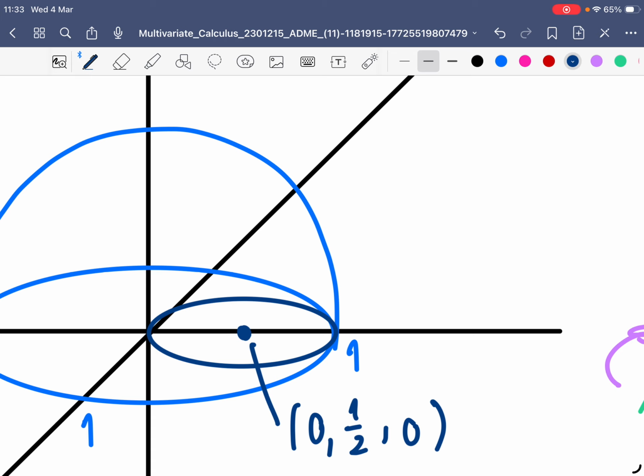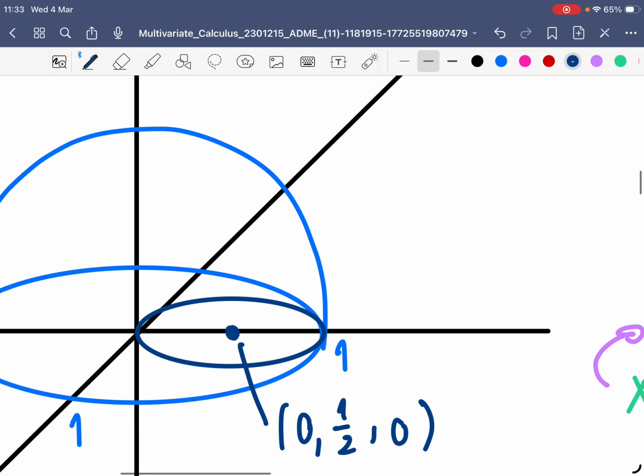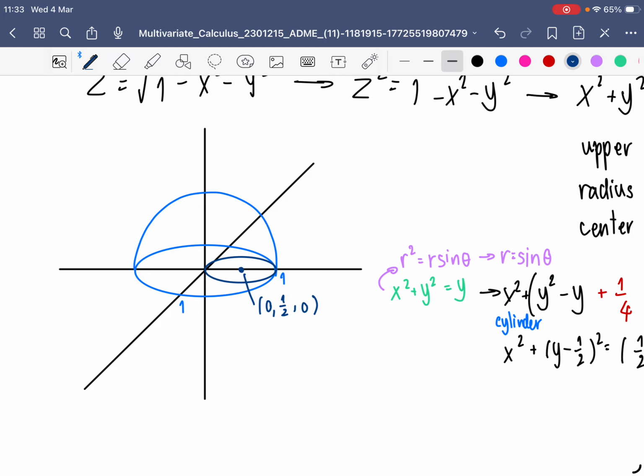And because it's a cylinder, it goes up and down forever. So your solid that you are considering is this one. It looks like you have a cylinder and then you cut off with some curvy surface.